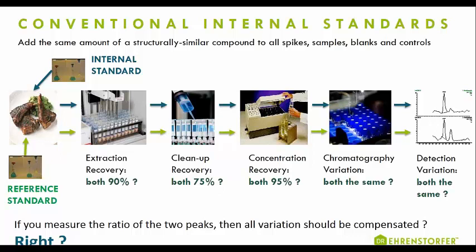The idea is that everything that happens to your analyte also happens to the internal standard. It mirrors it at every stage. So, if you measure the ratio of the analyte to the internal standard, then all variation should be compensated. Right?